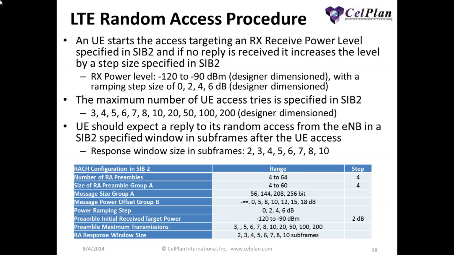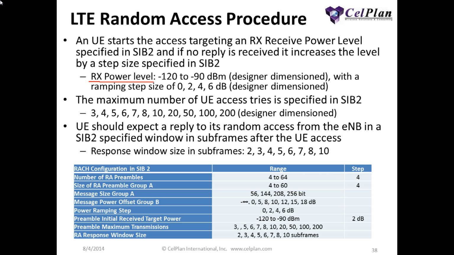And in SIB2, it will read several parameters. One of the parameters that it will read is the target receive power level. It means the level that should arrive at the eNB from the UE.